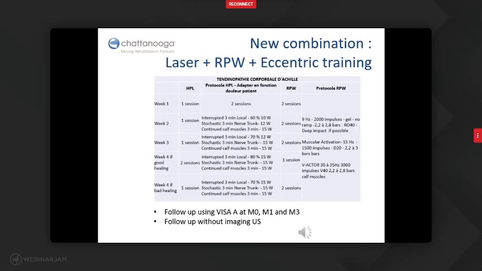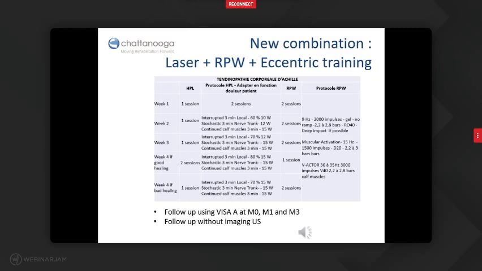The laser session will use 3 minutes of interrupted mode on the Achilles tendon, 3 minutes of stochastic mode on the nerve trunk, that means the sciatic nerve, and 3 minutes of continuous mode on the calf muscles.